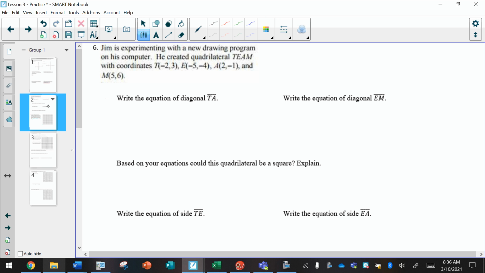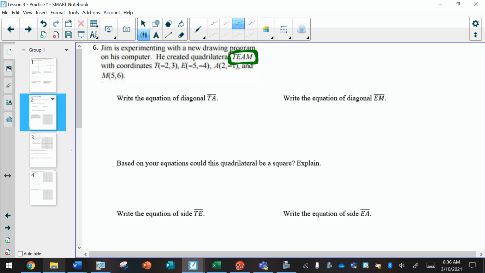When you're writing a diagonal of a quadrilateral, we don't know what kind of quadrilateral this is, but we know that it's labeled TEAM, T-E-A-M. Remember that those vertices are used in a clockwise order around the shape.